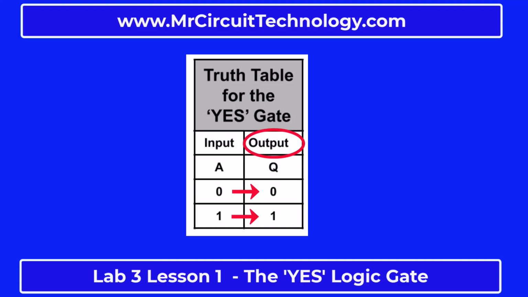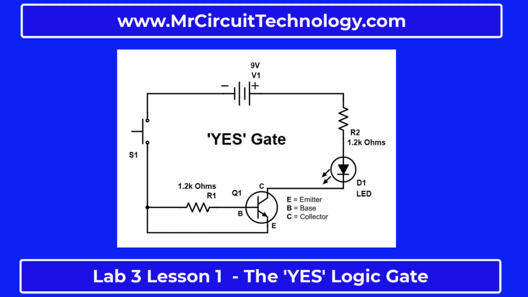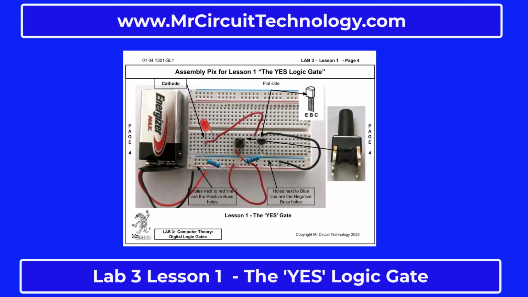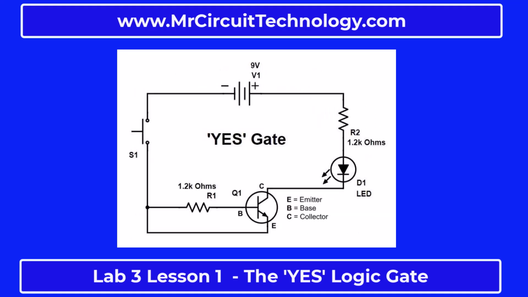Now let's talk about building an electronic yes logic gate. Here is a schematic diagram for an electronic yes digital logic gate. In this Mr. Circuit Lab 3, as part of your training, you will construct this circuit on a solderless circuit board. Before you assemble the circuit, let me explain it.